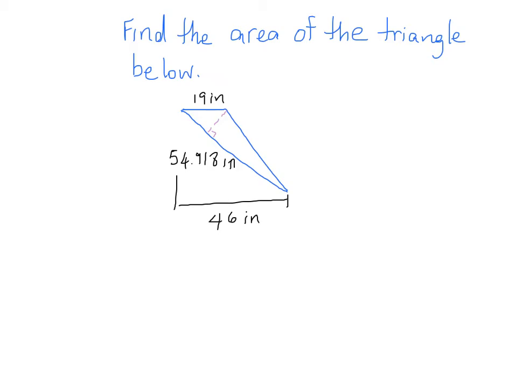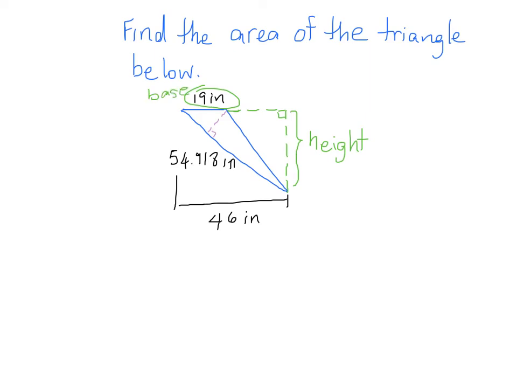From the other vertex, we can drop a height, and it is totally okay that this height is outside the triangle. So we're completing a right triangle, and this line here is our height if that 19 is our base.